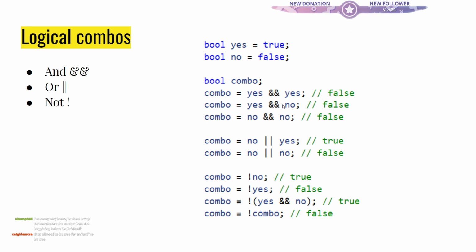How can you get yes? Like, what's the chance that you can get yes? If you say yes and yes, obviously it's a yes. If you say yes and no, that means no. If you say no and no, that's always no. So what Catgirl said, it's based on a guarantee of getting true or false.